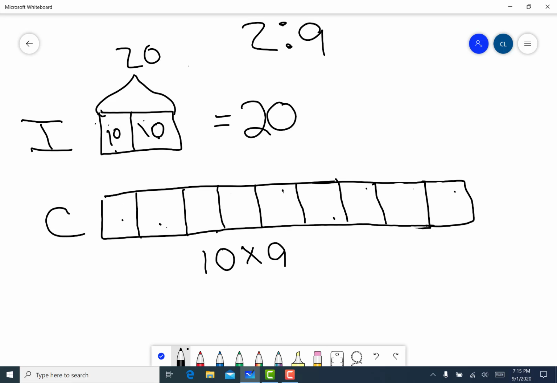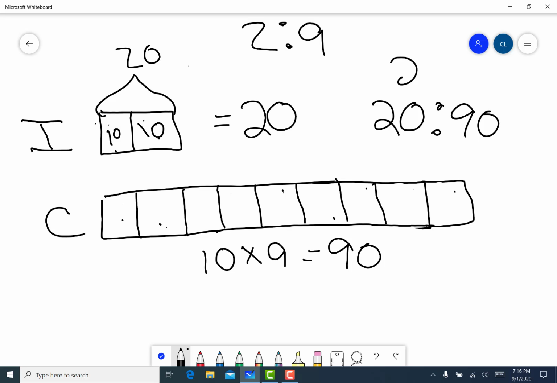Since there's 9 boxes and all of them equal 10, that tells me I had 90 correct. So you should have had 20 to 90. And you'll be able to see that is equivalent to 2 to 9. That's pretty obvious. Since it's 2 to 9 and 20 to 90, you just multiplied both sides by 10.